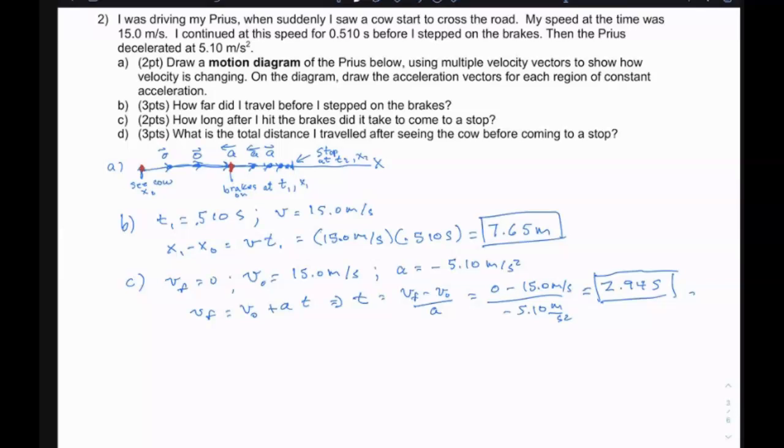Now, let's do part D. What is the total distance I traveled after seeing the cow before coming to a stop? That is, what is the displacement between x2 and x0?